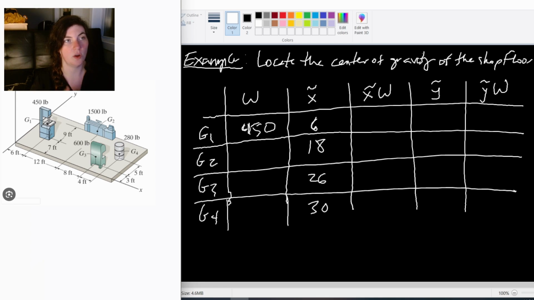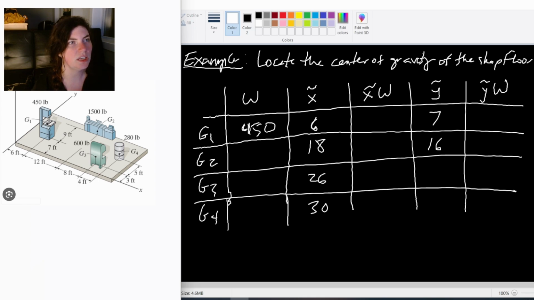And I can go ahead and look at my Y's as well. So my G1 is out 7 feet. And then these are not as additive, so I can just look down the line. For my G2, it is my 7 plus my 9. 7 plus 9 feet there is going to give me 16. And look on down the line.